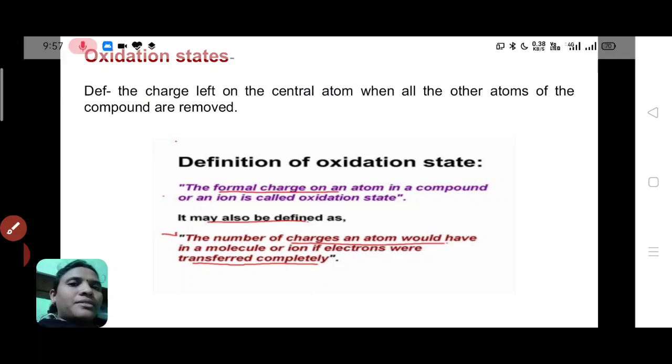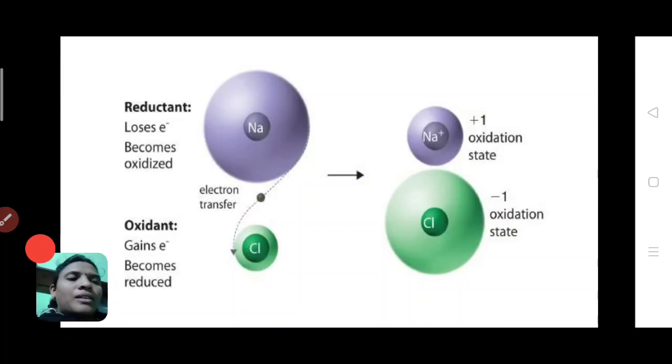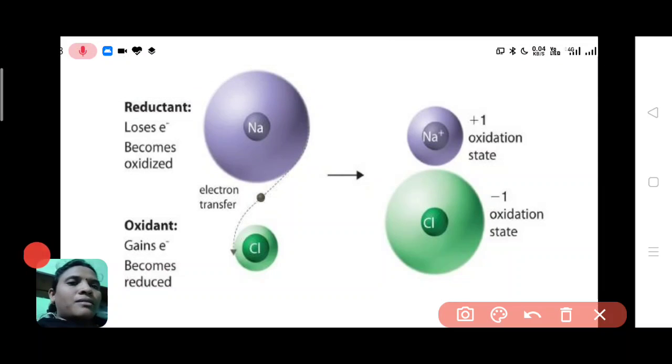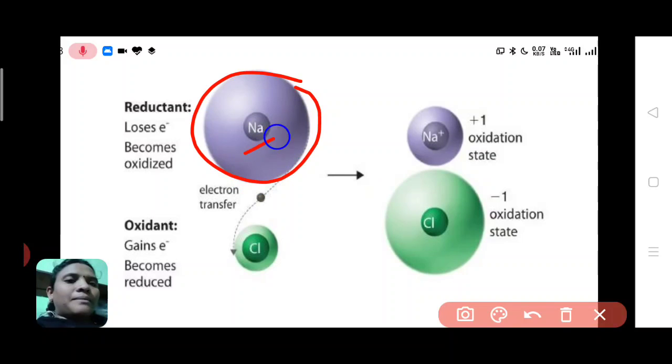Now next, in this picture you will understand oxidation state in a simple way. Consider this atom, which is sodium. When this sodium atom loses one electron, it acquires a +1 charge.